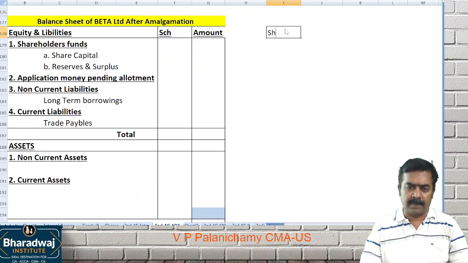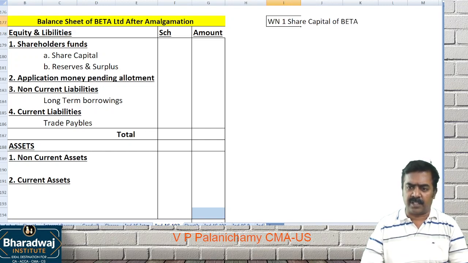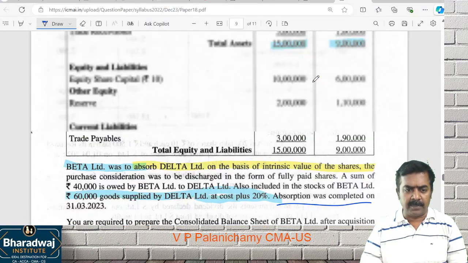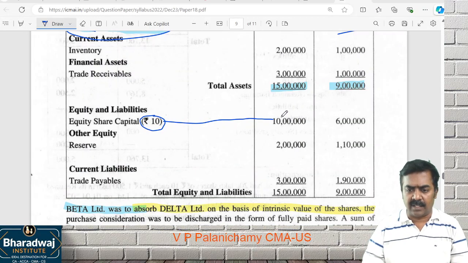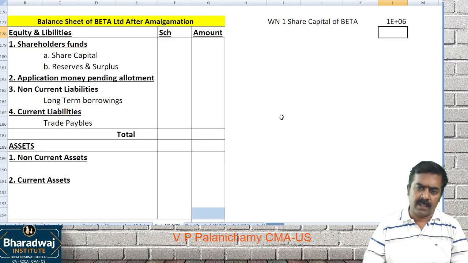Share capital, maybe working note 1. Share capital of beta first. What is the share capital of beta given first? 10 lakhs. Existing share capital is 10 lakhs.